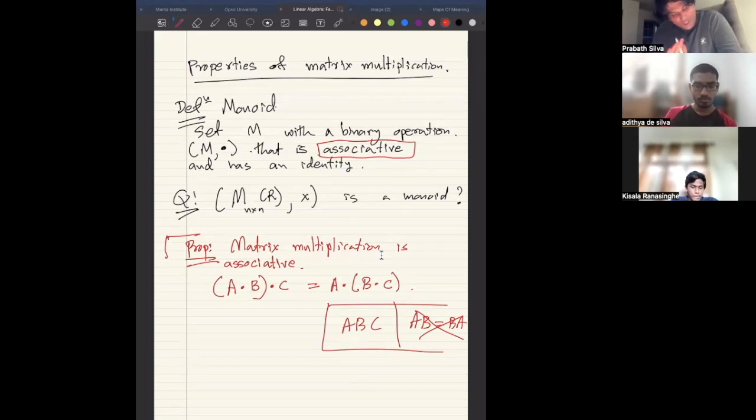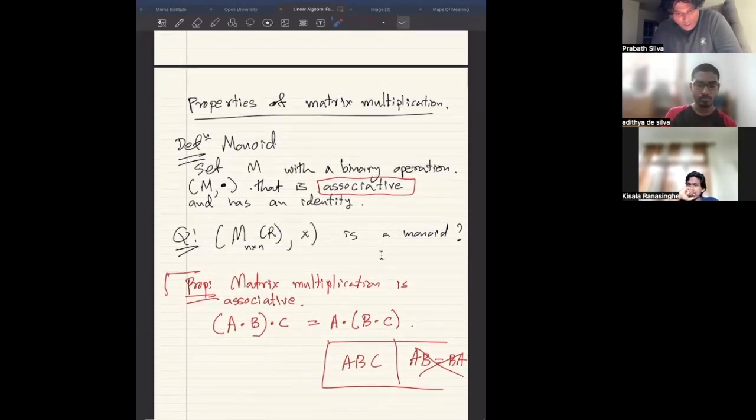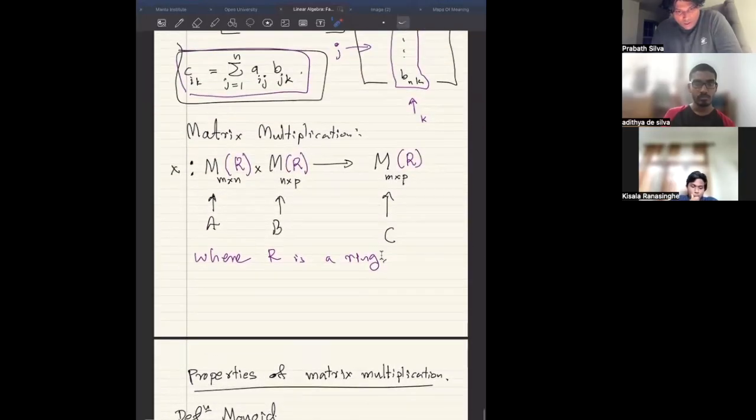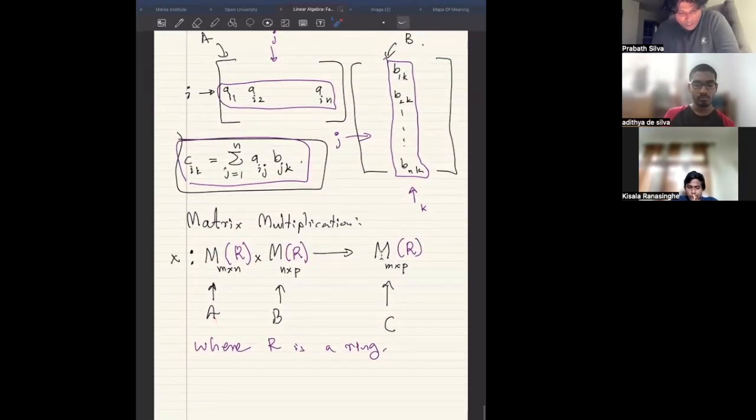Now there is something that I can skip in here. With the matrix multiplication, you cannot multiply any two different matrices. The M has to match, sorry, this N has to match the N here.